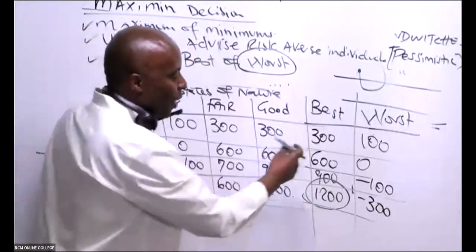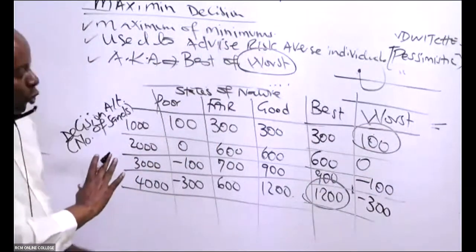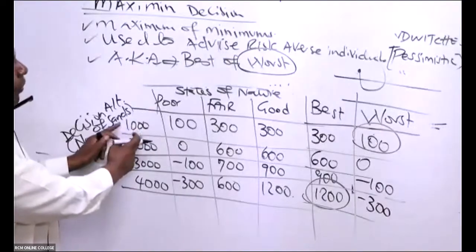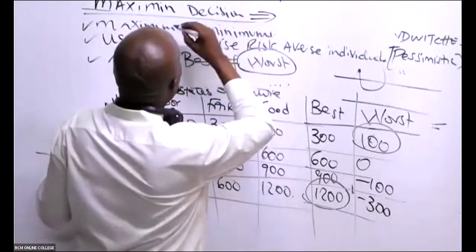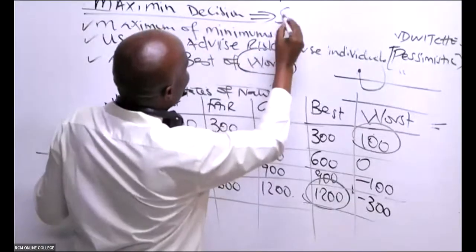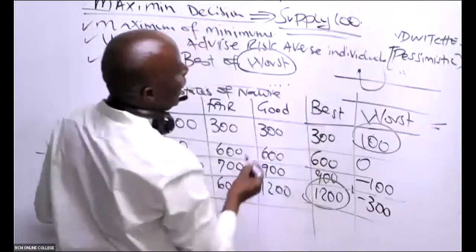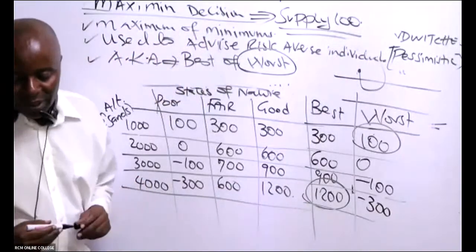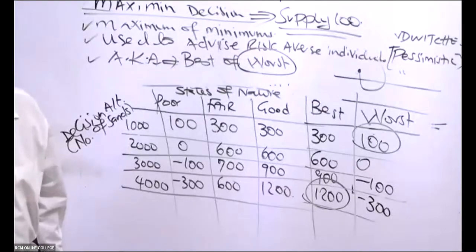Is this 100? So what are we telling this particular lady to go for? To supply one, because when you supply a very small amount. Supply one. So the maximin decision is to supply what here, somebody? Supply 100. So up to there, ladies and gentlemen, are we together?